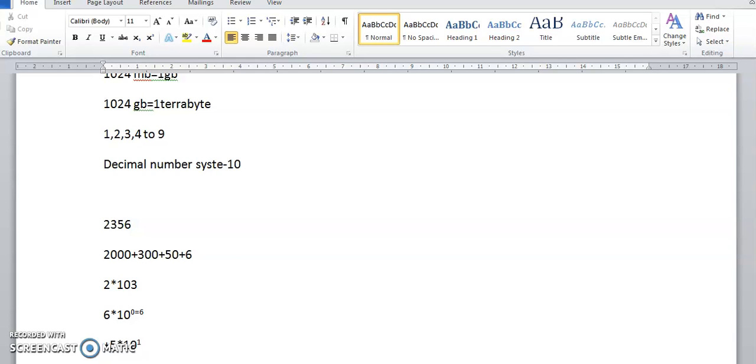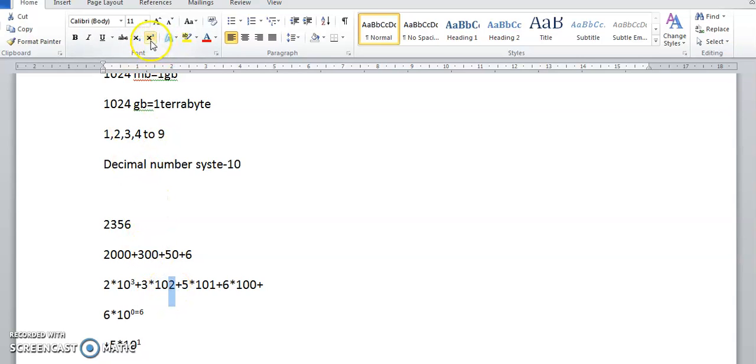Plus 3 into 10 raised to 2, plus 5 into 10 raised to 1, plus 6 into 10 raised to 0. All these exponents will be in superscript.